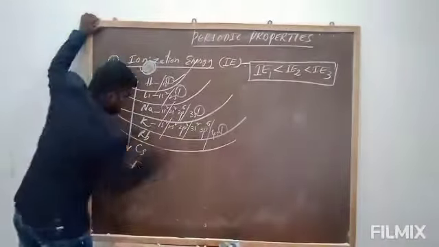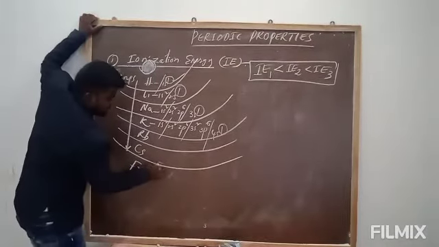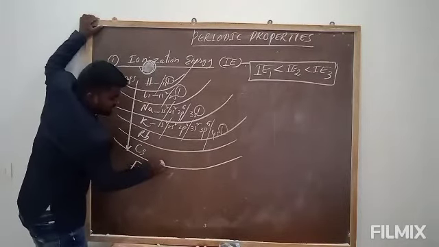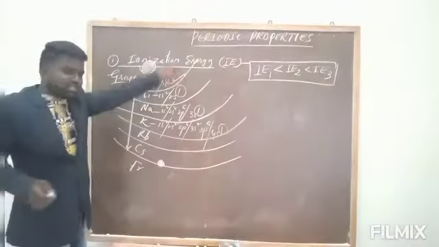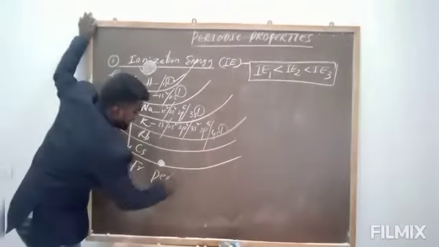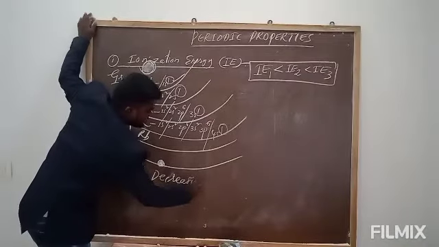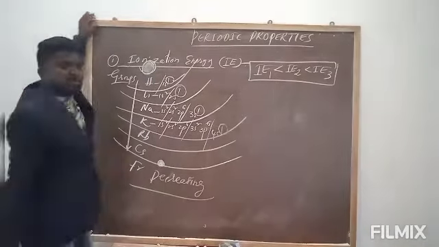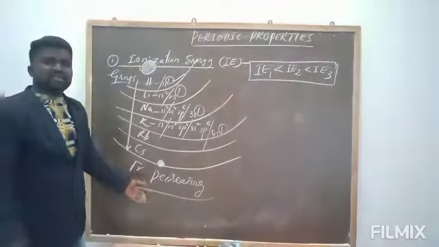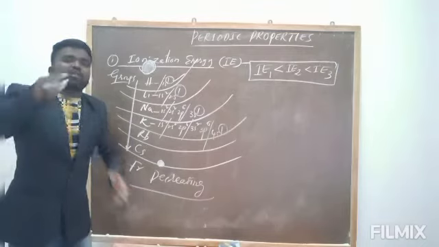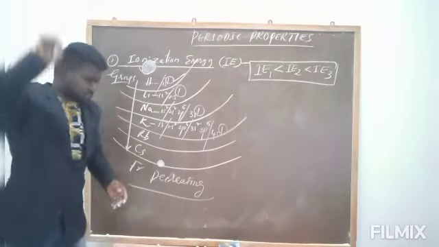At last, cesium has one electron, and removing it is very easy. So top to bottom, ionization energy is decreasing. You have to write like that: top to bottom ionization energy will decrease because electropositivity increases.